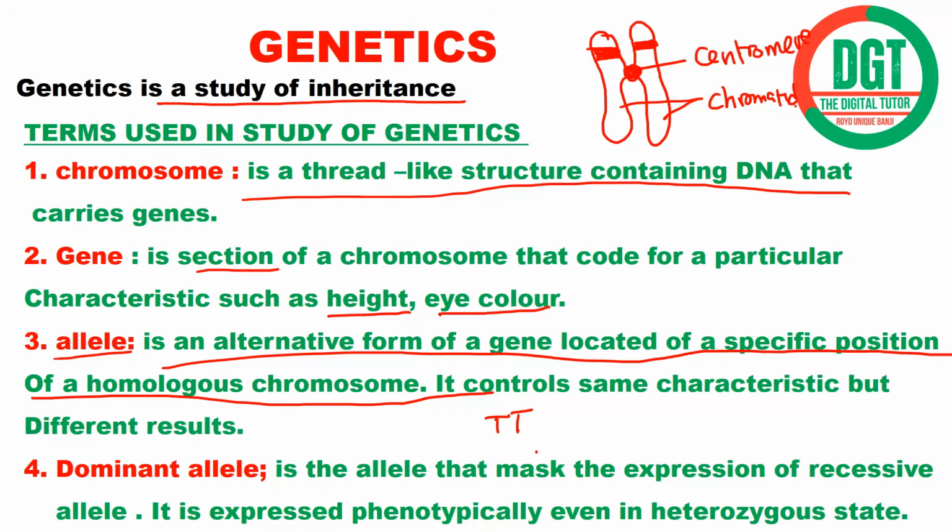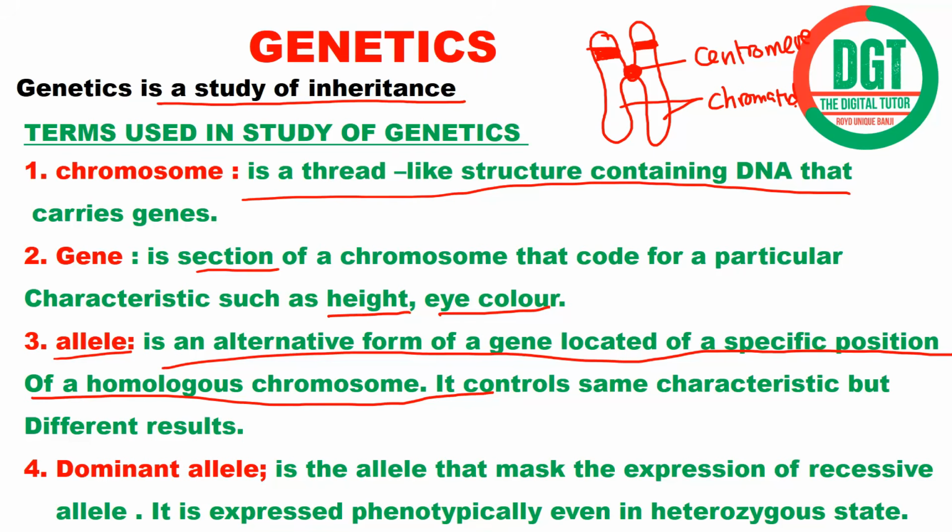If you are tall, you can be homozygous tall, that is capital letter T, or heterozygous, where you have the tall and of course the short one. But in this case, the one that is expressed is the capital letter T. Anyway, we'll get to look at this. What you need to know here is that an allele is just an alternative form of a gene located at a specific position of the homologous chromosome, and it controls the same characteristic but produces different results.